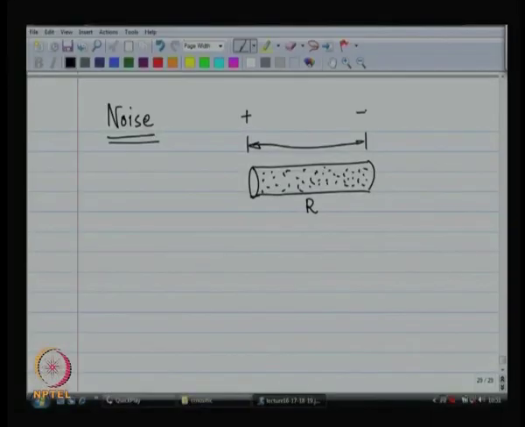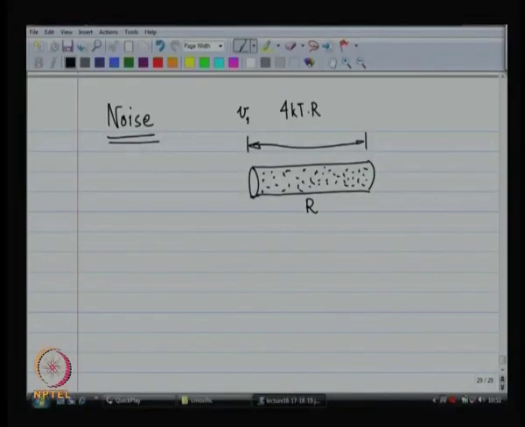So, it can be shown that the potential that they develop is 4kT times R times delta f. This is the power spectral density of the voltage that is developed across the resistor. All right. It is not very clear, right. Okay. Once again, the electrons are jumping around.